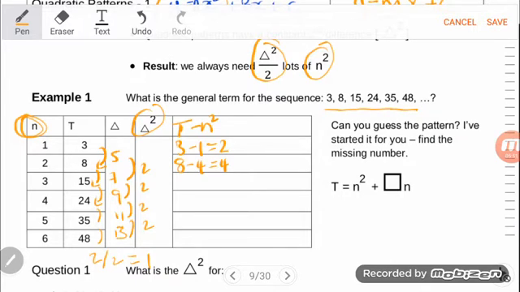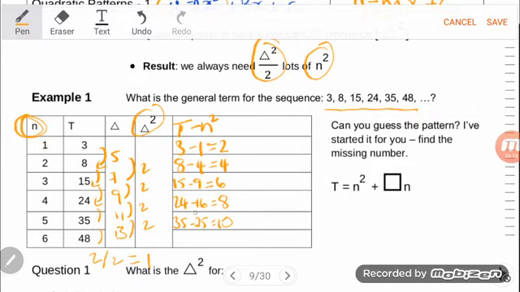Here we've got 15 minus 9, because 3 squared is 9, 3 threes is 9, which is 6. 24 minus 16 is equal to 8. 35 minus 25 is 10.